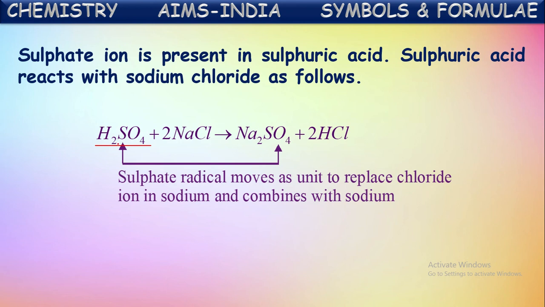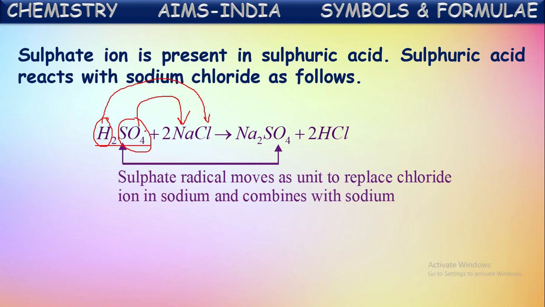This sulfate ion is present in the sulfuric acid. Now, when it reacts with sodium chloride, it forms sodium sulfate. The sulfate radical will come and combine with sodium. Of course, this hydrogen combines with chlorine.